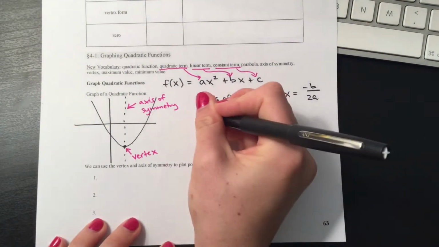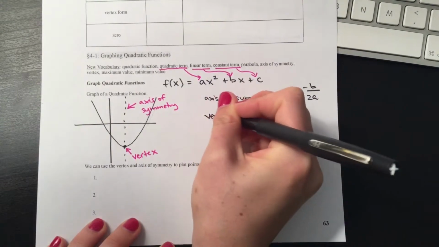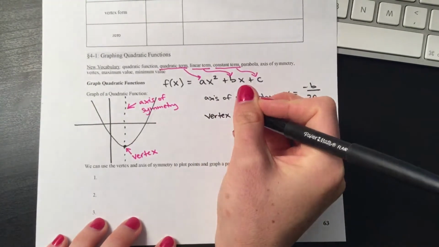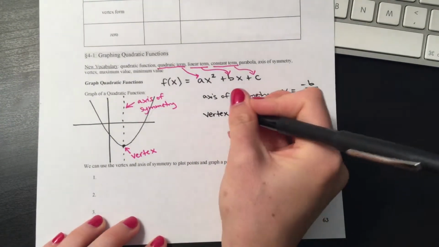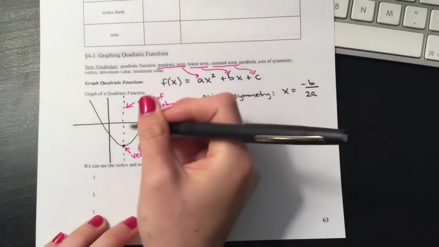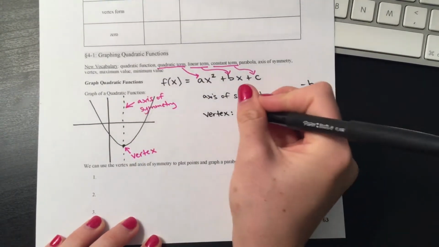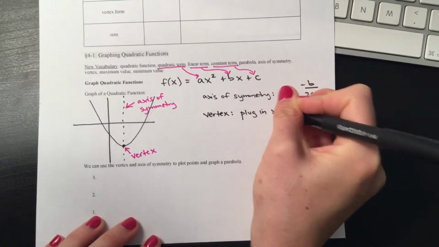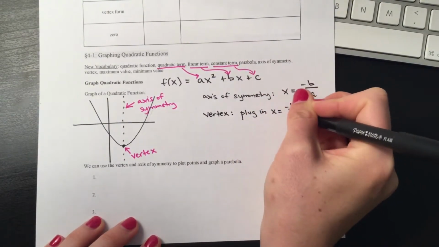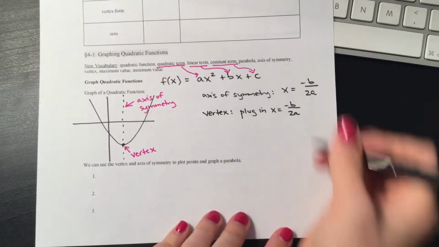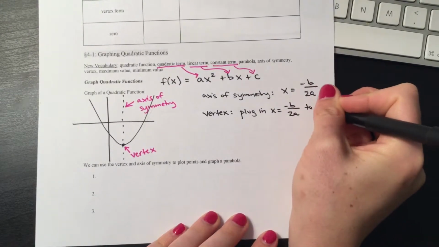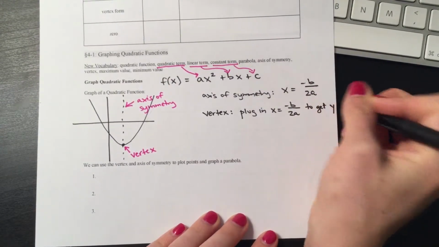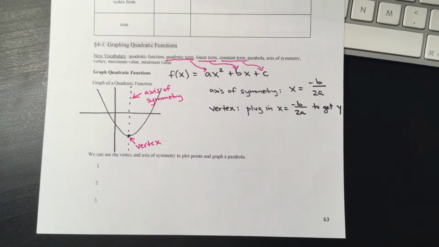And then for our vertex, your vertex is supposed to be an ordered pair. Okay, so your vertex, you get the x value from this, because the vertex is always going to be on the axis of symmetry. So you plug in whatever you get for negative b over 2a to get y. Okay, so you plug that in to get y.